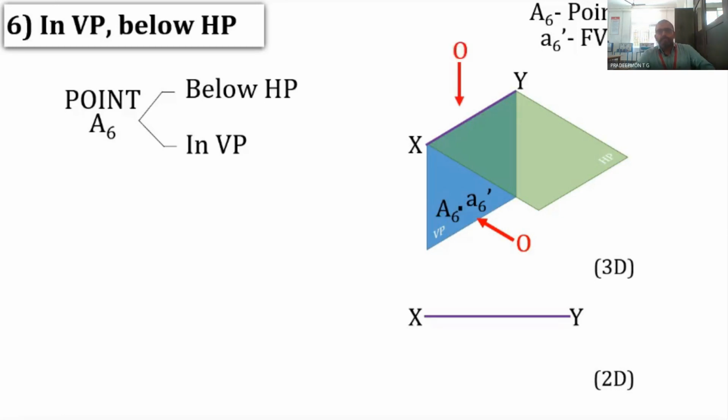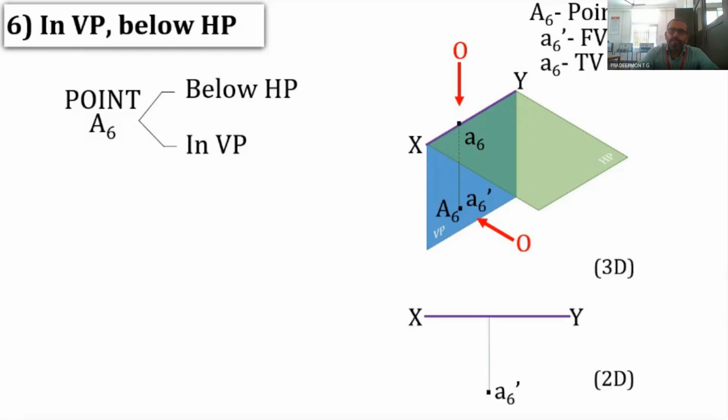And to get the top view, an imaginary ray of light starting from A6 and perpendicular to HP is traveling towards the observer. And since the point is in VP, the imaginary ray of light will also be lying in VP. And when the imaginary ray is intersecting with HP, it will be intersecting with the XY line itself.